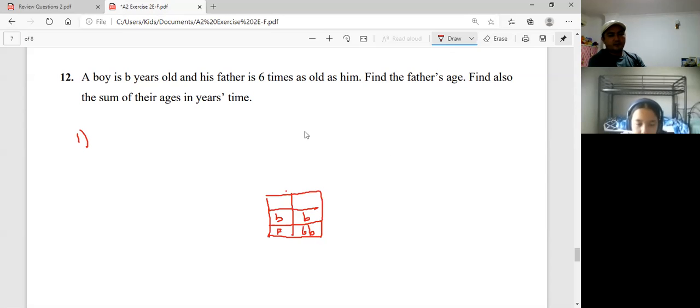So the first part of the question says, find the father's age. How old is the father now? He is 6b years old.